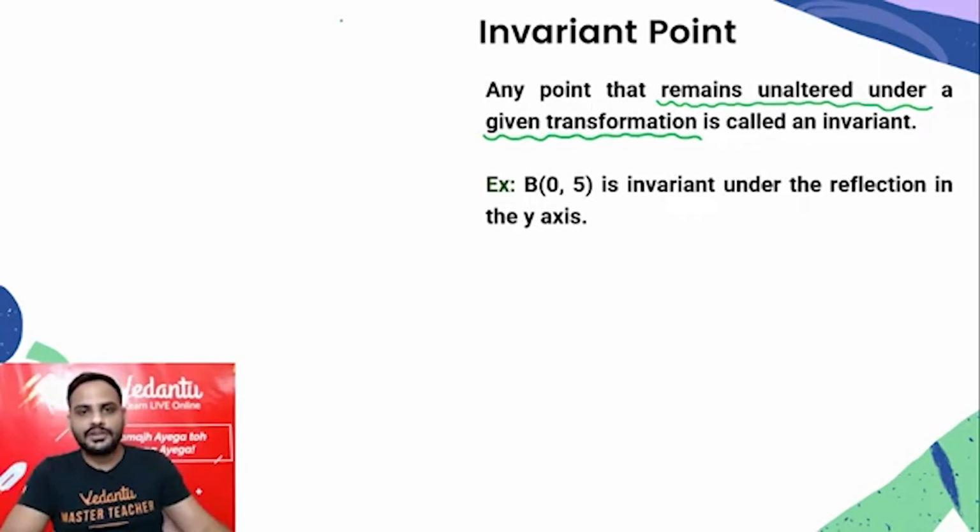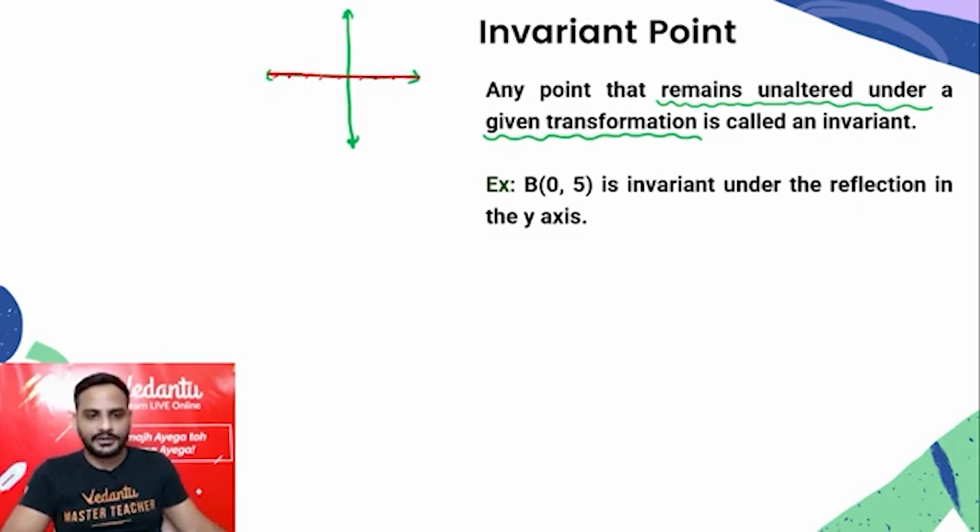Suppose these are my x and y axes, and I do the reflection along the x-axis. If I choose my point to be (x, 0), a point on the x-axis, and do the transformation reflection under the x-axis, what will happen?